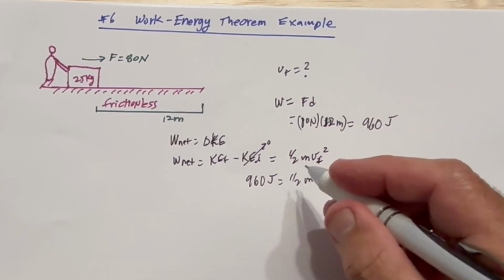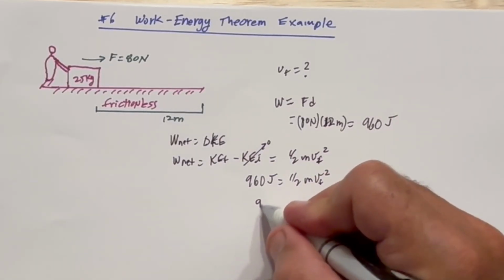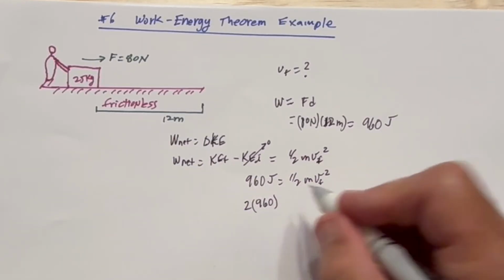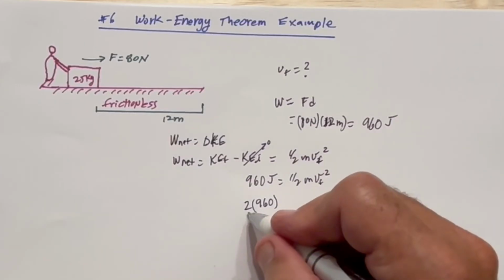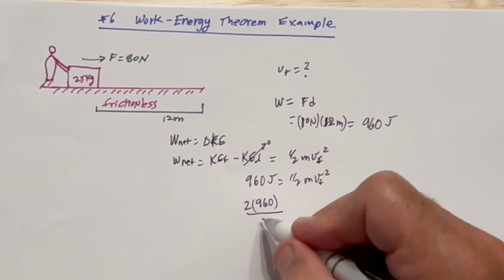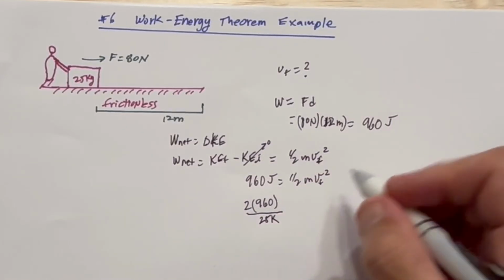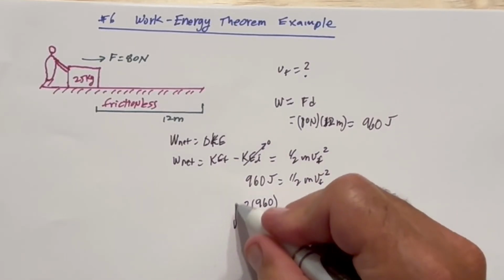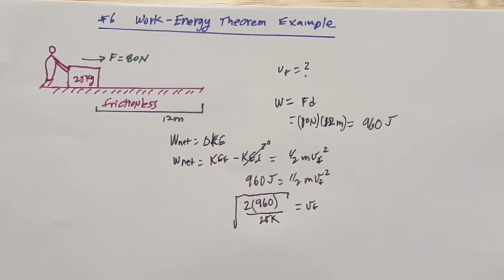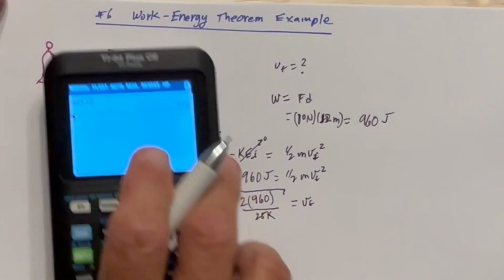Now, we can take the 2 over there and divide by m. So we've got 960 times 2, divided by the mass, in this case, which is 25 kilograms. And then we need to take the square root of everything. So that's equal to V final. All right, I'm going to put this in the calculator and we'll see what we get.